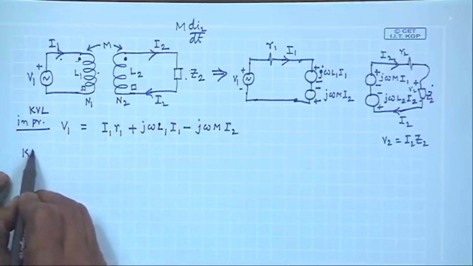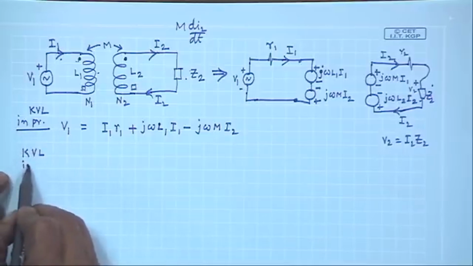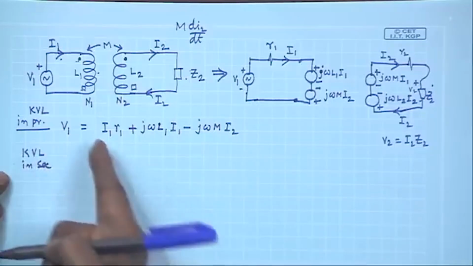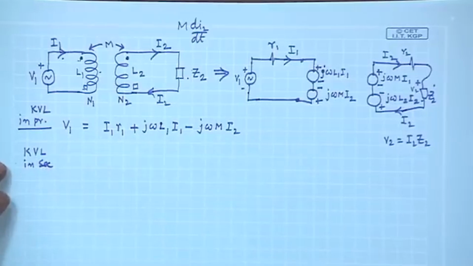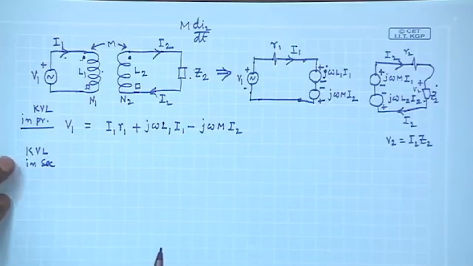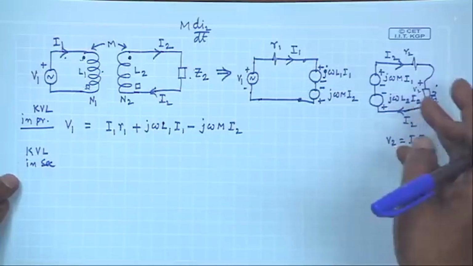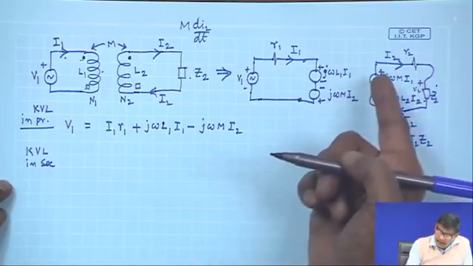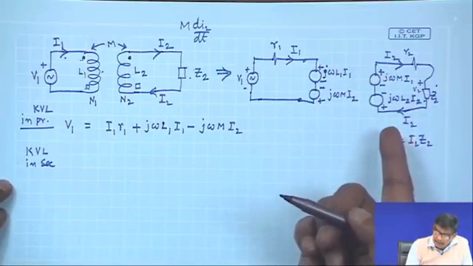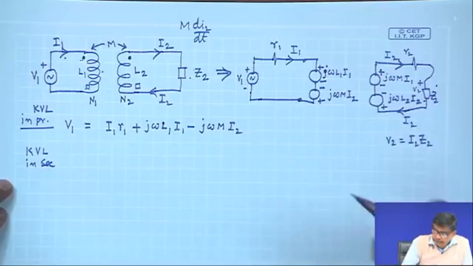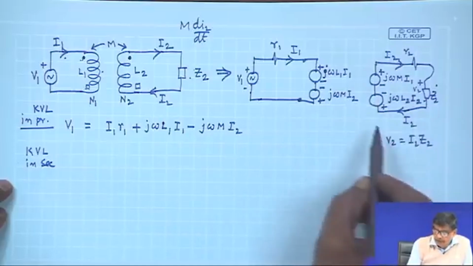Similarly, let us write down the KVL equation in secondary. Mind you, all these quantities are phasors. KVL in secondary: there is no external voltage connected. So we start from any point we like and sum up all the voltages.